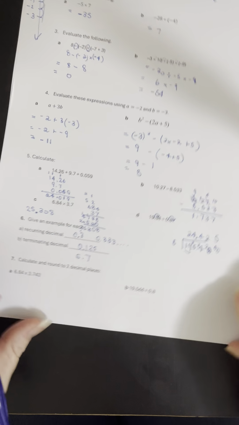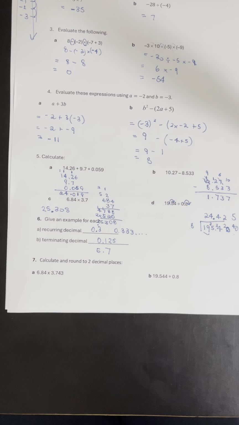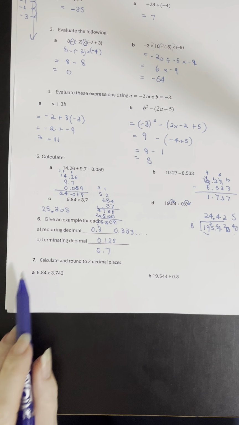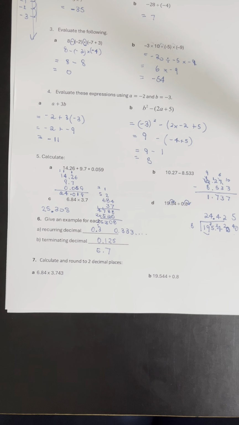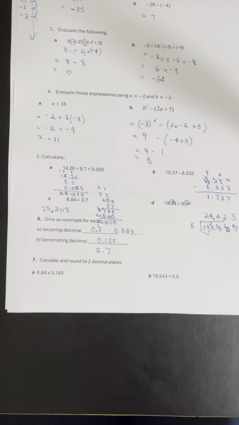Then we've got another set of decimal type questions, but this one is saying calculate and round to 2 decimal places. So looking at this first one, I'm assuming they want you to round to 3 decimal places and then do the question, because otherwise we've got quite a big lot of multiplying there.